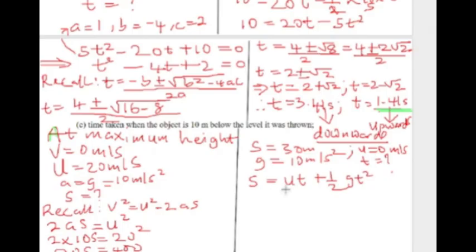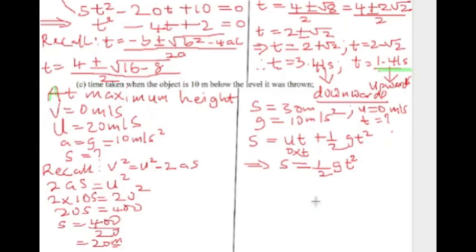Now, since the initial velocity is 0, 0 times t will be equal to 0, so this reduces to x is equal to half gt squared. So that gives us 30 is equal to half times 10 times t squared.